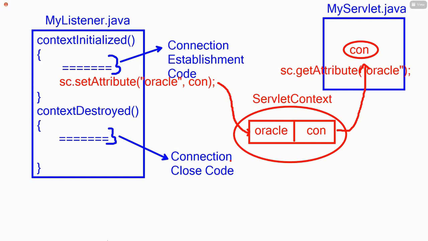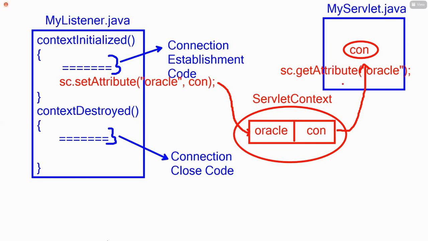Is it completed? Say, when the servlet context is created, whenever the application is deployed, context created, then event generated, that event is received by this method, the body is executed, connection established, and that object is placed here.